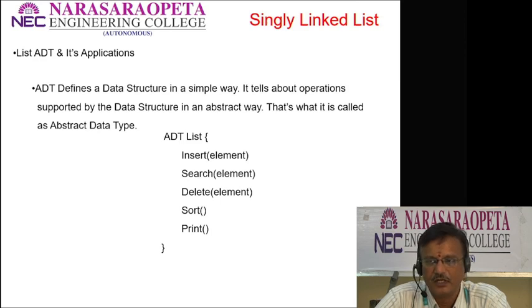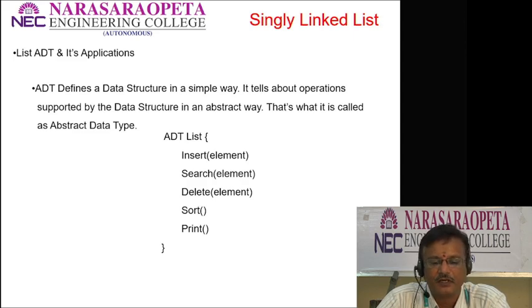For example, a customer came to your bank and asked for his balance. You will ask for his account number. If you enter the account number, the list is searched and gives you the details of the balance. Then delete: whenever the customer closes the account, we delete the record.